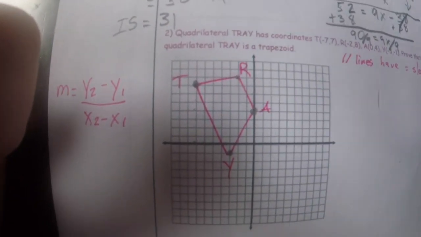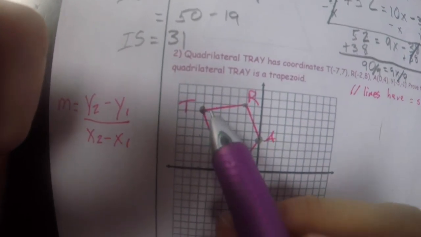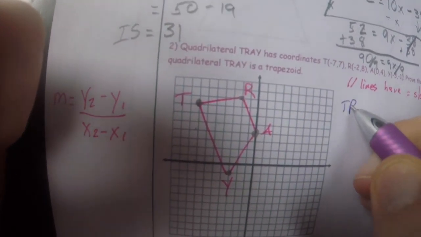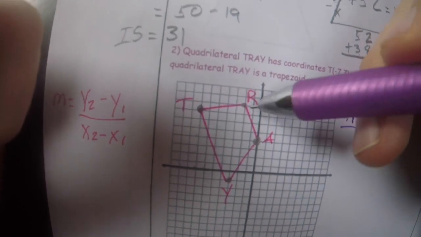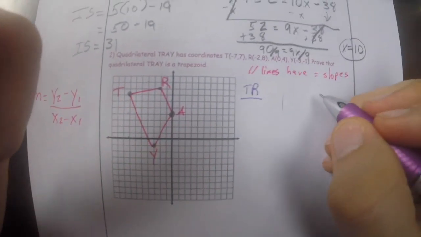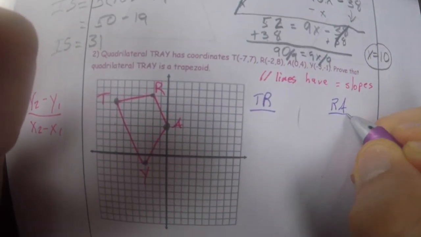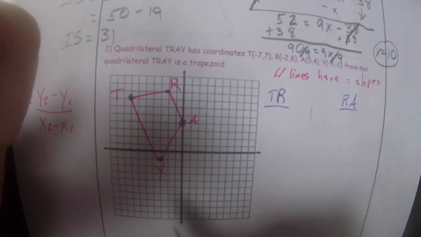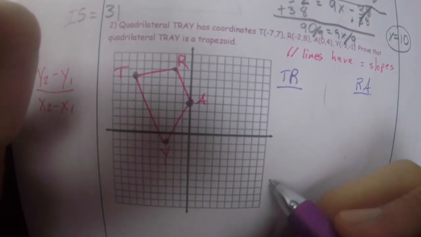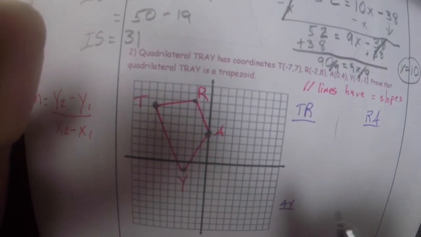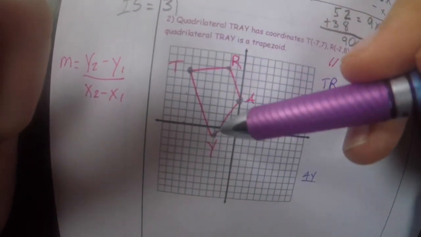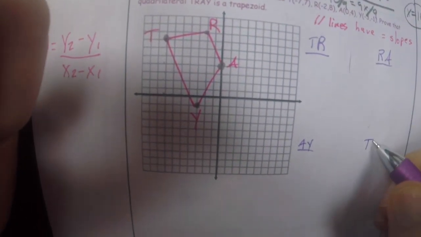So we are going to figure out the slope of TR, the slope of RA, the slope of AY, and last but not least, the slope of TY.